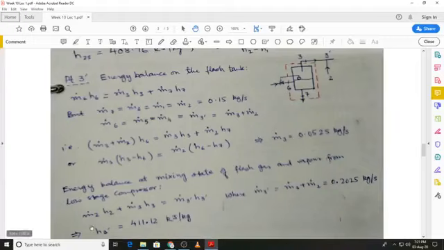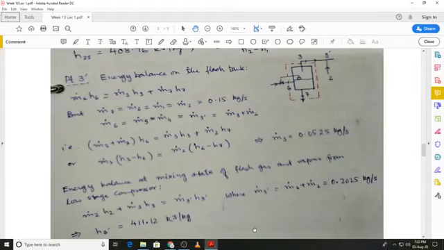And in this equation we know the mass flow rate, m dot 2 H2 is known, m dot 3 has been worked out, and H3 is also known. M dot 3 prime, as I just said, will be the sum of m dot 3 and m dot 2, which is equal to 0.2025 kilograms per second, and that only leaves the enthalpy H3 prime, and that comes out to be 411.12 kilojoules per kilogram.